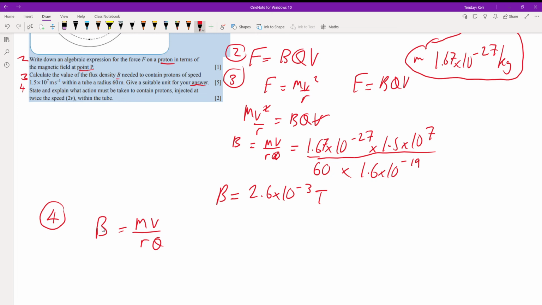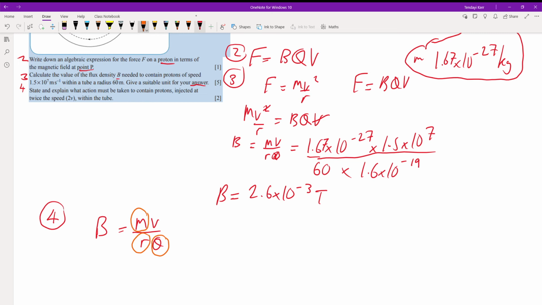So if we want to contain the protons, we want to keep them inside this fixed chamber. So that means we're not moving at relativistic speeds. To keep it in the chamber, the mass is going to be constant, the radius is going to be constant, and the charge is going to be constant because we want to keep it in this fixed chamber.